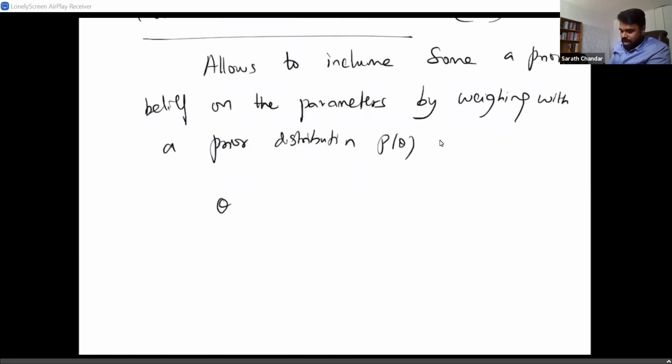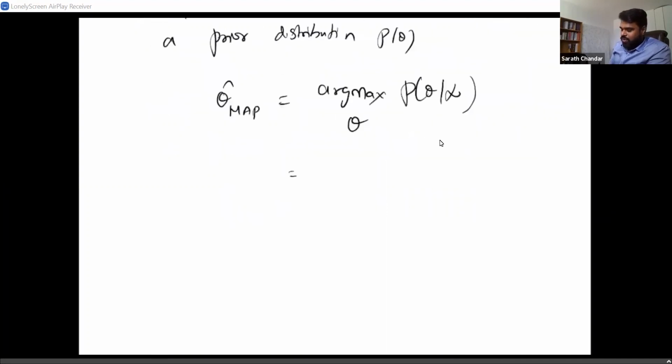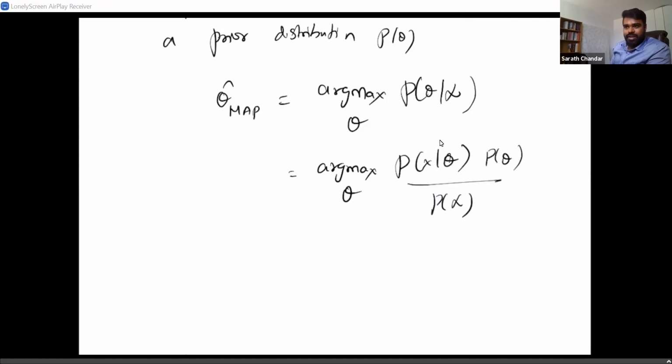So in the case of MAP estimation, theta MAP is given by argmax of theta, probability of theta given x. Now this is equivalent to argmax of theta, probability of x given theta, P of theta divided by P of x, right?